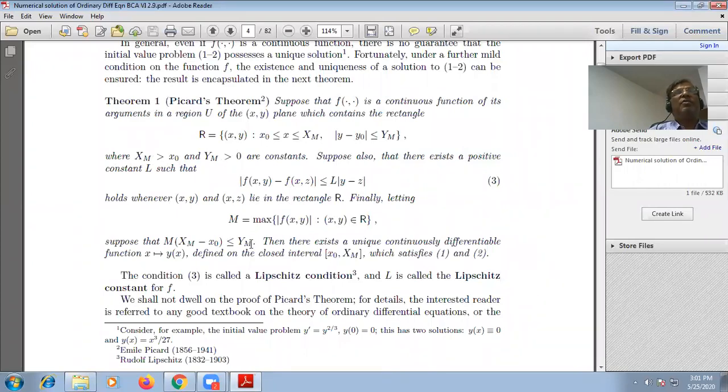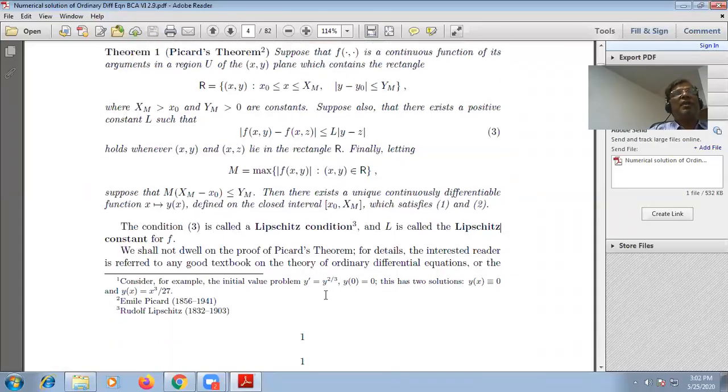Then there exists a unique continuously differentiable function x tending to y(x) defined on the closed interval [x naught, xm], which satisfies conditions 1 and 2. Then condition 3 is called the Lipschitz condition and L is called the Lipschitz constant of f.